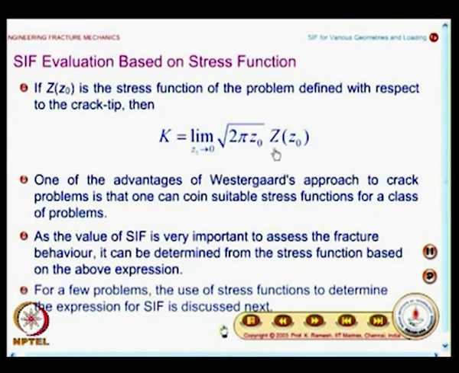In fact, Westergaard himself has given it for the series of cracks, which was added to by Irwin for a few problems, and as the value of SIF is very important to assess the fracture behavior, we focus on finding out the value of K, and we would see how SIF can be determined.